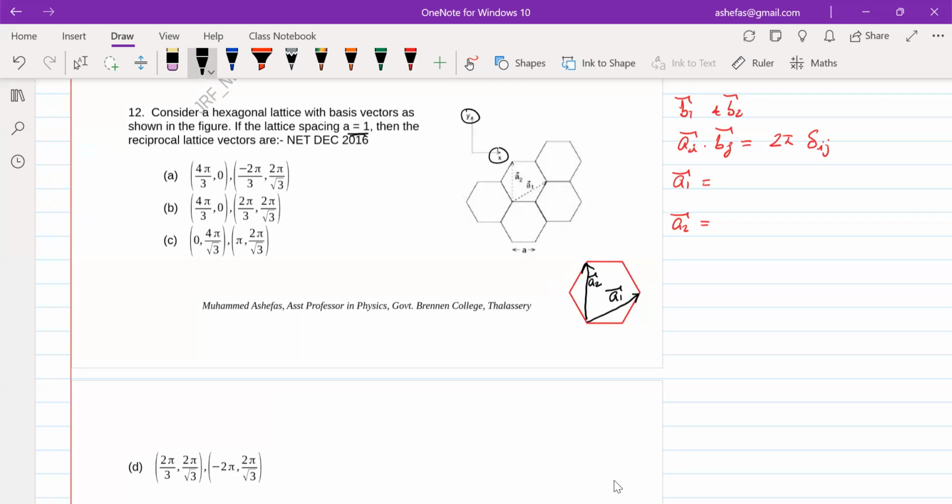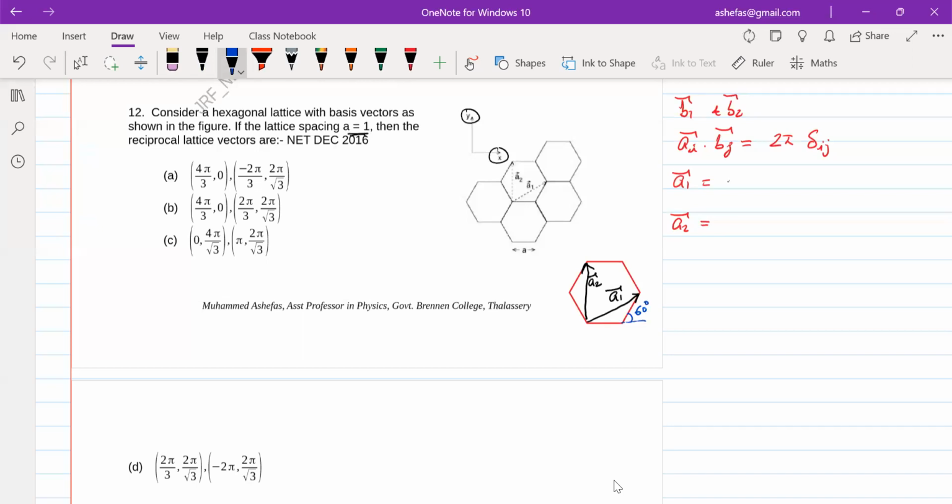So a1 can be written as i plus, okay, we can use some trigonometry. This angle would be maybe 60 degrees. It would be 60 degrees.